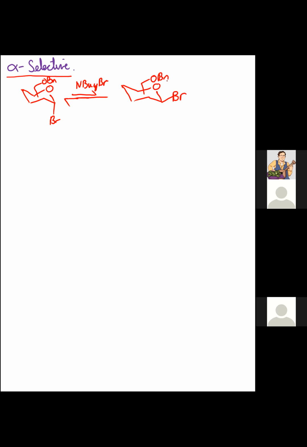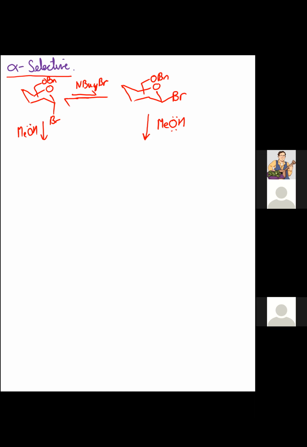Now the alpha is more stable than the beta, anomeric effect. And so that equilibrium lies towards the alpha. But the beta then is more reactive, as we discussed. And so if you have a nucleophile, now notice that there's no silver salt here.